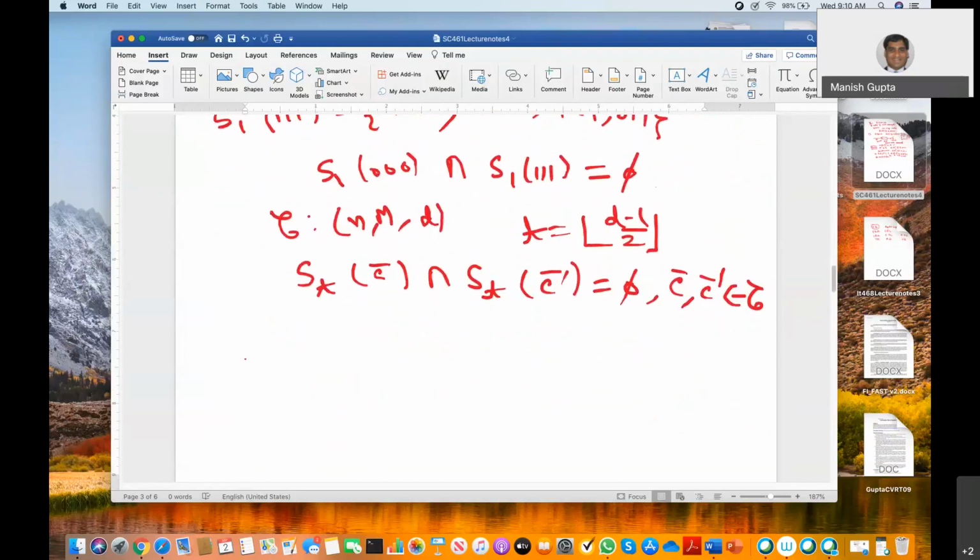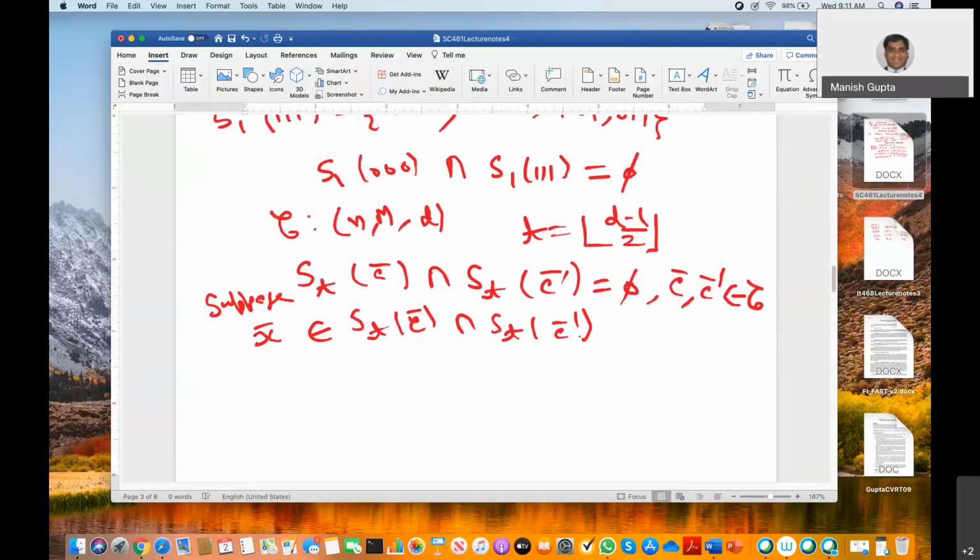In order to prove it, suppose they are not disjoint and X is a vector which is common to both. Suppose X belongs to S_t(C) intersection S_t(C prime). Okay, X is common to both.